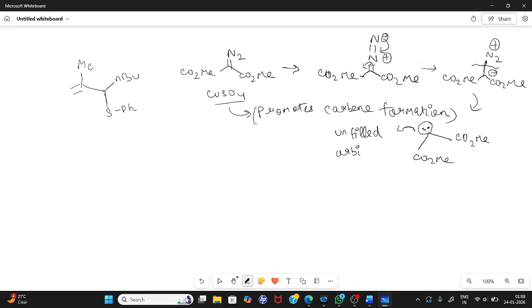Due to the unfilled orbital, carbenes are electrophilic in nature. So the carbene always looks to insert in those places where it can get electron density.